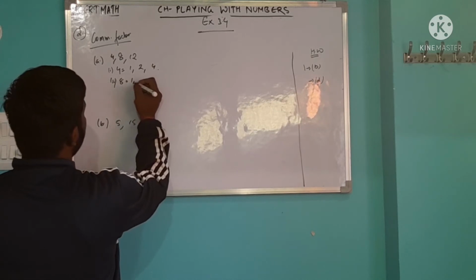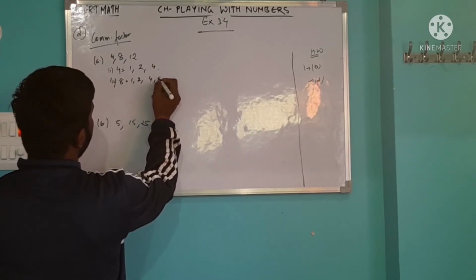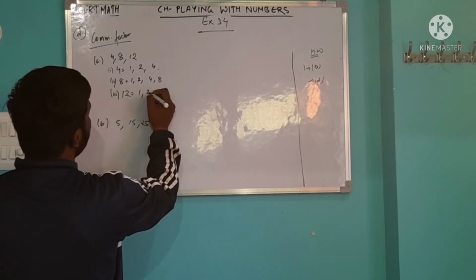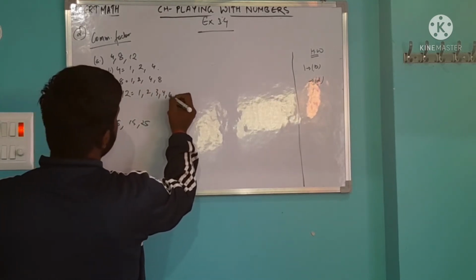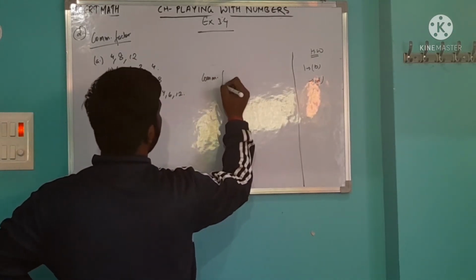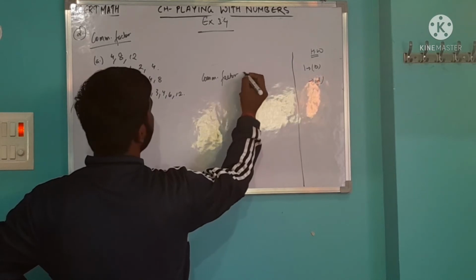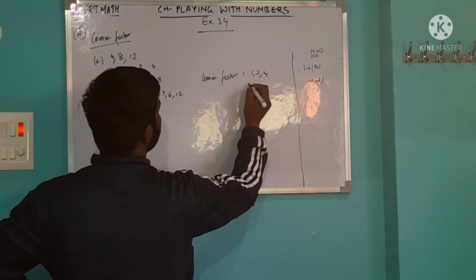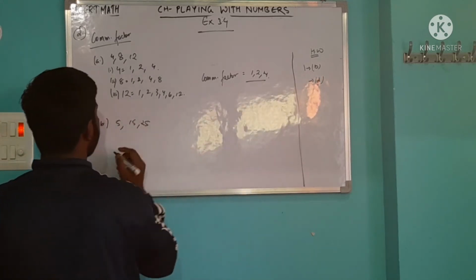Our second term has 1, 2, 4 and 8. Our third term is 12, whose factors are 1, 2, 3, 4, 6 and 12 itself. So the common factors of 4, 8 and 12 are 1, 2 and 4.